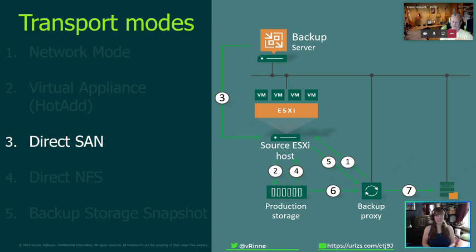This again does take a little bit more setup than just maybe our network mode. So you're kind of trading off what you're going to give permission to, because you do need read permission to that SAN. And you have to think about later, if you want to be able to write to that SAN under that same direct SAN mode, you have to give us write permissions, and not all administrators are comfortable with giving write permissions to another device, to those proxies.